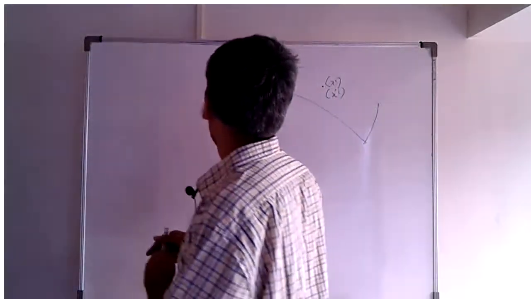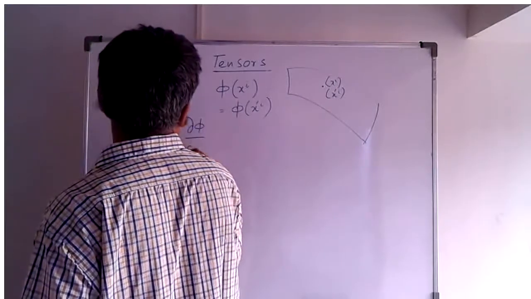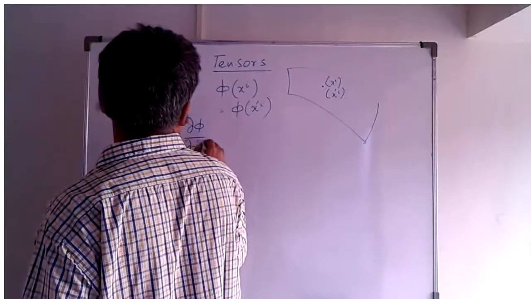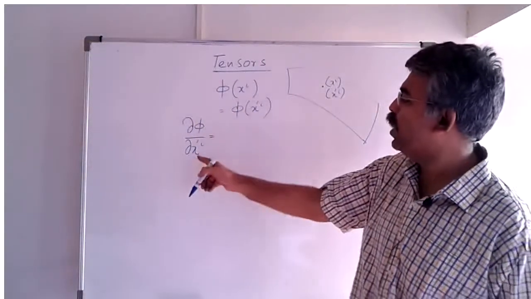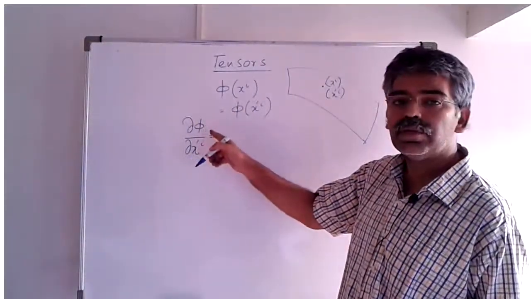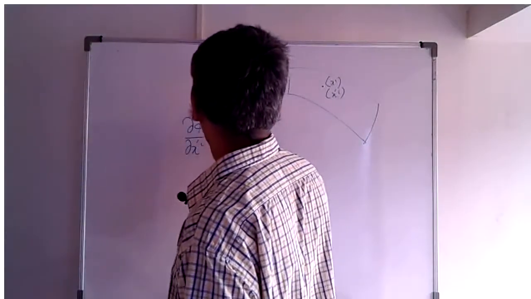So if you take a derivative, suppose del phi del x prime i, I am taking this derivative of phi with respect to prime coordinates. So what will it be?